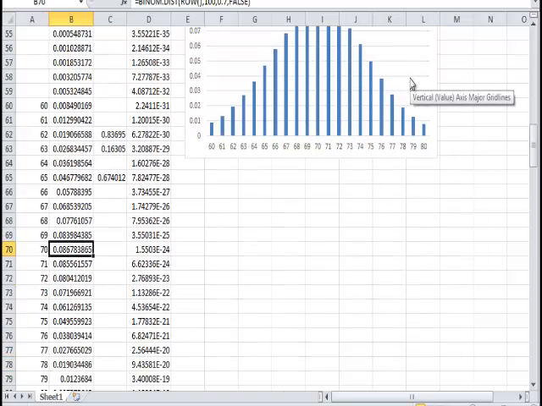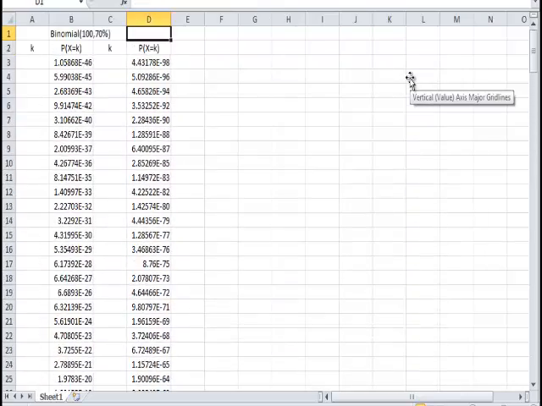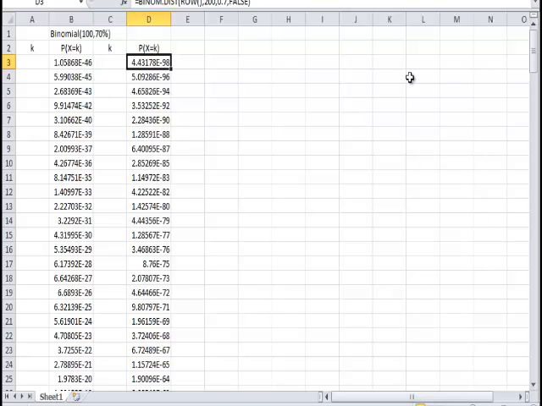Now, the second table is for 140. If you look at the status bar, it says BINOM.DIST of 200, 0.7 and false.